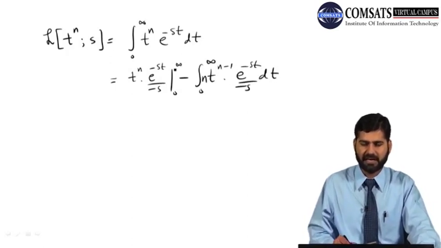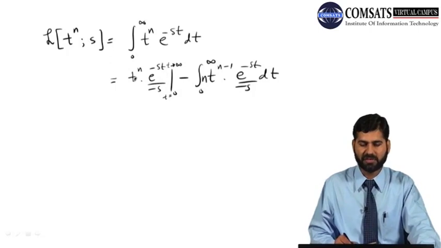Now again, if s is positive, this will become 0 because as t goes to infinity, this will be 0. Alright, and at 0 it is 1, but at 0 this t will be 0 because these are the limits for t, 0 and t goes to infinity.